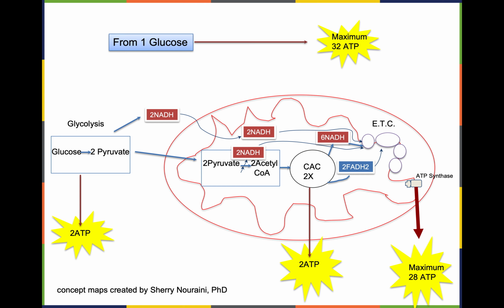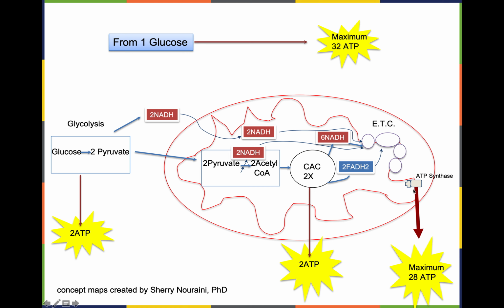So here's the summary of how much ATP is made at each step. Altogether, from one glucose molecule, we're going to get a maximum of 32 ATP per glucose. In the glycolysis step, we get 2 ATP. In the citric acid cycle, we get 2 ATP.